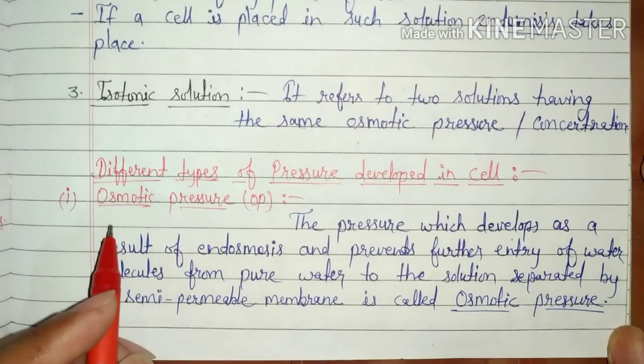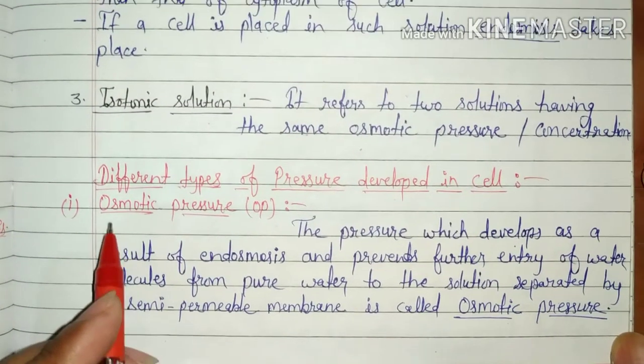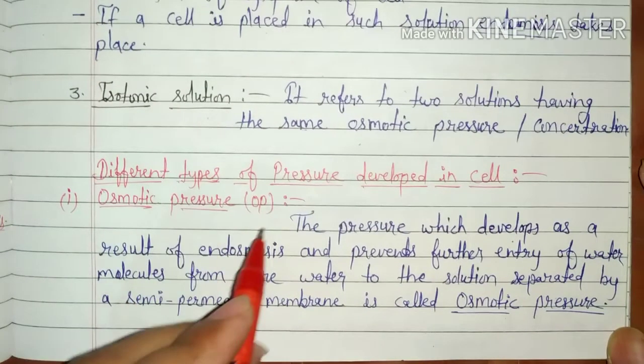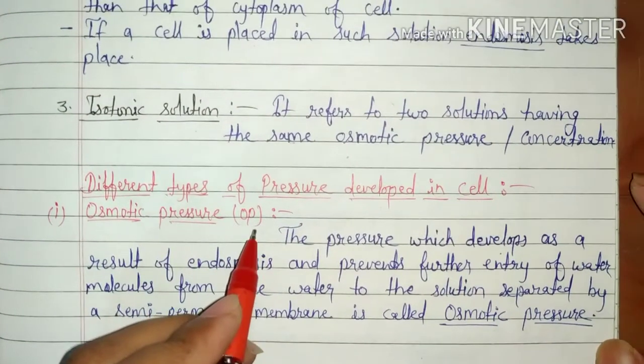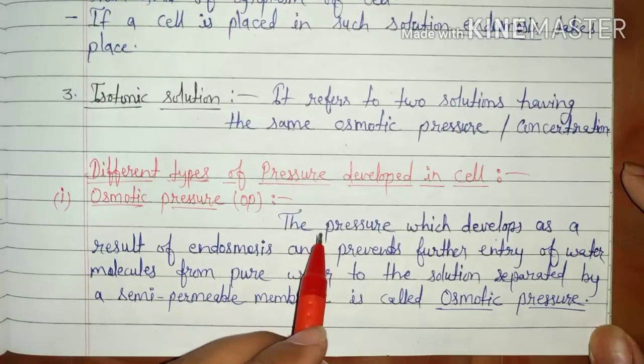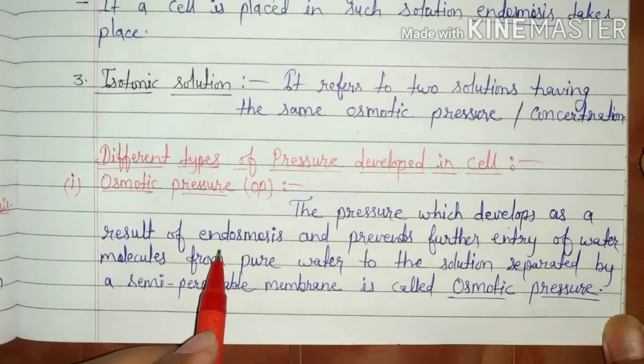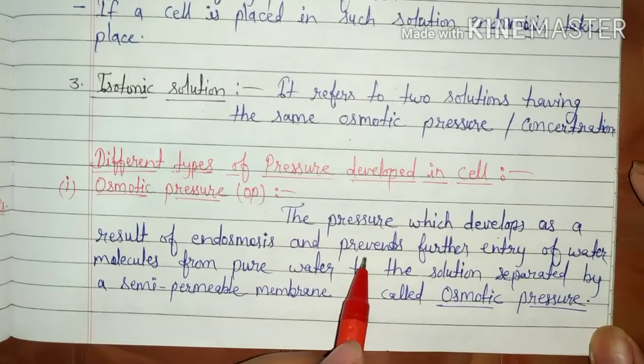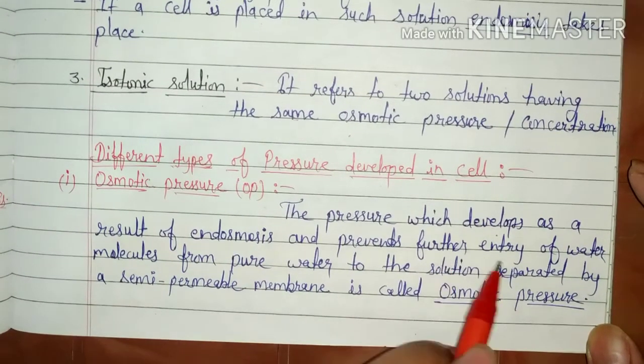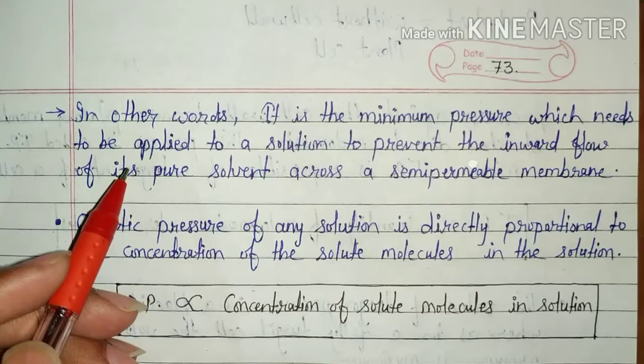Now we will talk about the osmotic pressure, in short OP. The pressure which develops as a result of endoosmosis and prevents further entry of water molecules from pure water to the solution separated by a semi-permeable membrane is called osmotic pressure.